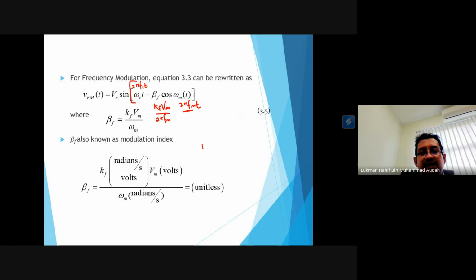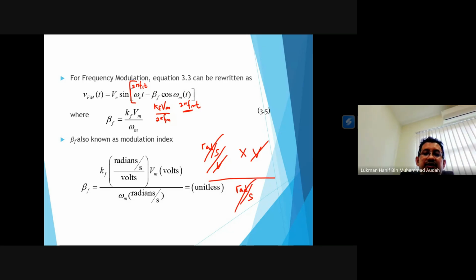So the volts cancel out, and radians per second cancels out. That's why the output is a unitless parameter, a parameter without a unit.